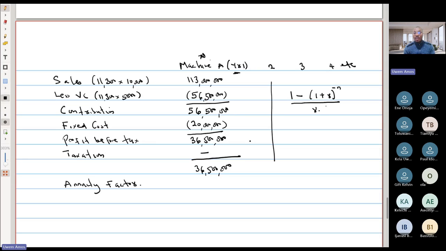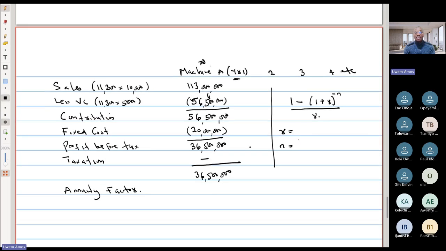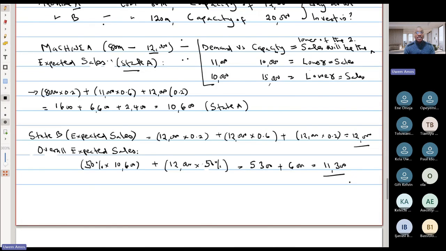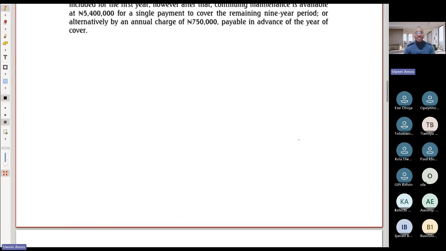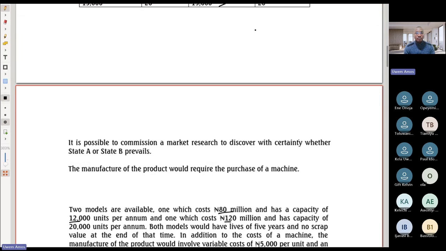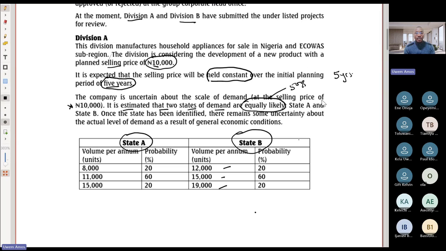So that therefore means that we need to know what R is, and we need to know what N is. And N is the number of years. The question tells us that these projects or sales remain constant for how many years? Clearly mentioned in the question. It says it will be for a period of 5 years.